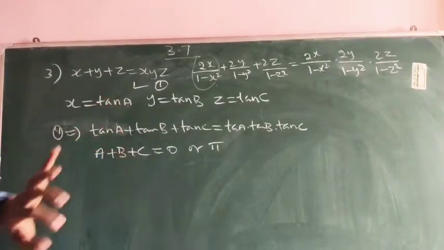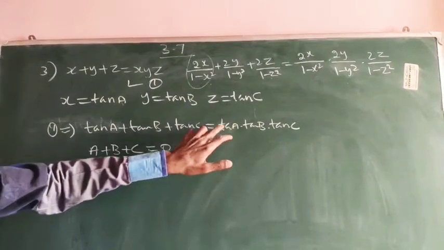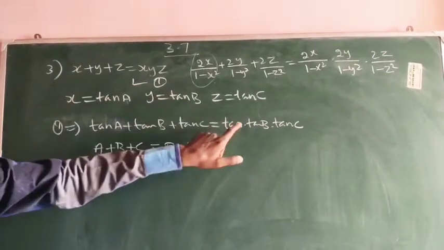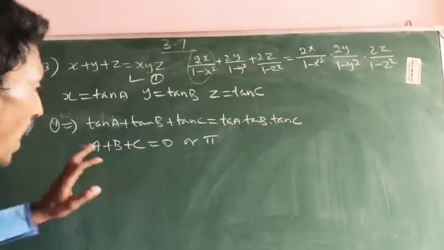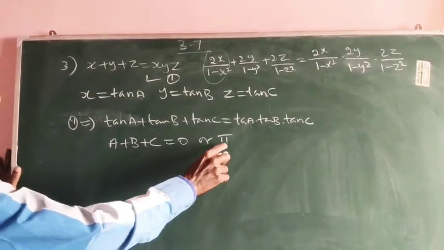If tan A plus tan B plus tan C equal to tan A into tan B into tan C, then this condition holds: A plus B plus C equal to 0 or pi.